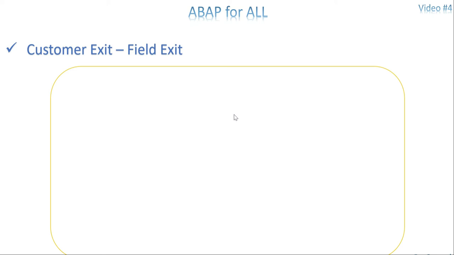Through function exit or through enhancement, implicit, explicit, we have a lot more options currently available. So the advice is don't use field exit. And this video is just for your information or reference, what is field exit and how we can create it. Okay, just for your information only.